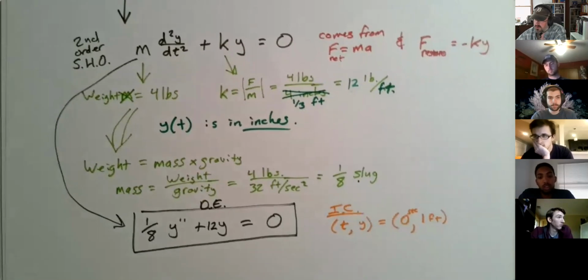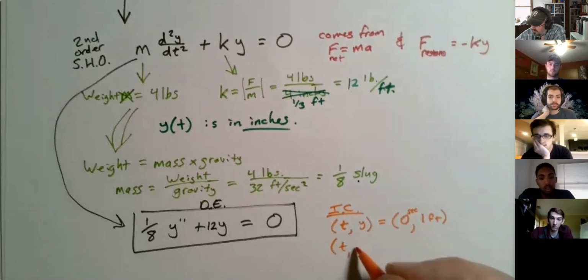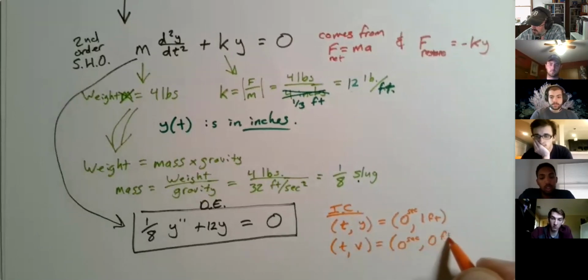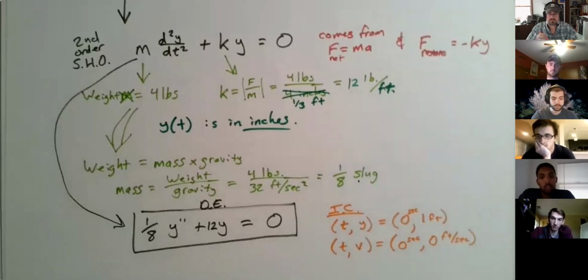The other initial condition is pretty subtle, but it's there. It's released with 0 velocity, at t equals 0. So at 0 seconds, it has 0 feet per second. So we actually have 2 initial conditions.